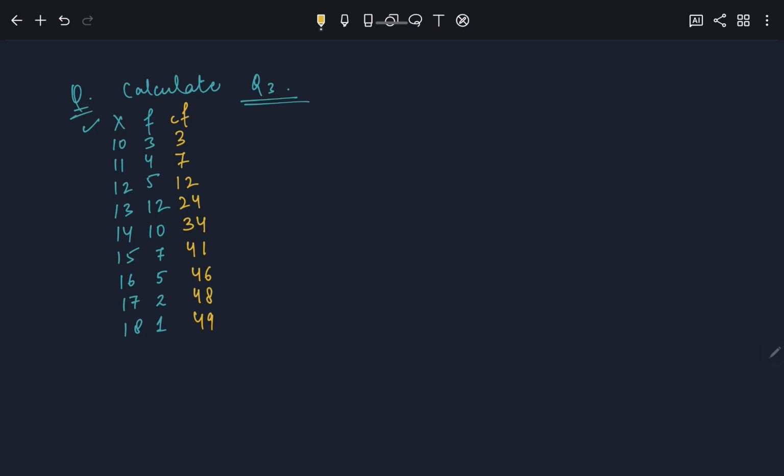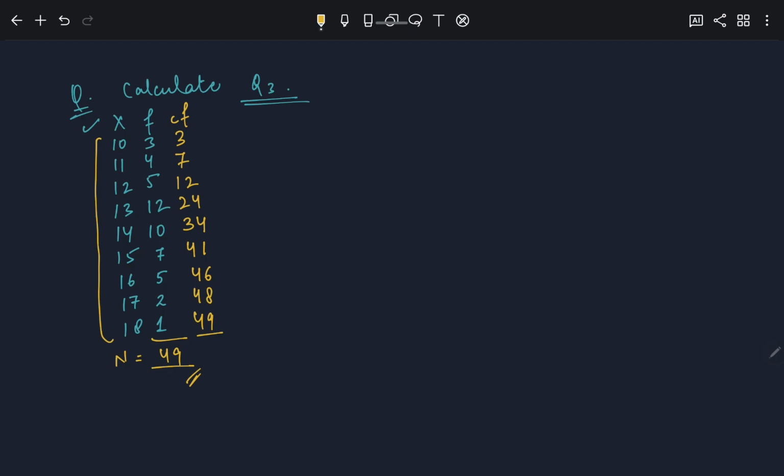To check if our cumulative frequency is correct, we will add these frequencies. The sum is 49 and this 49 will be our n, not the number of digits but the total.